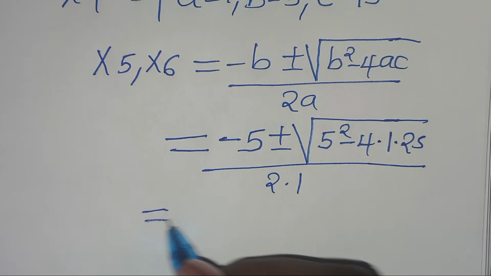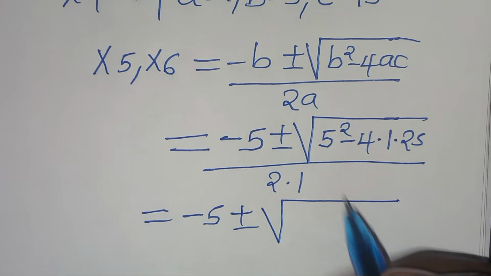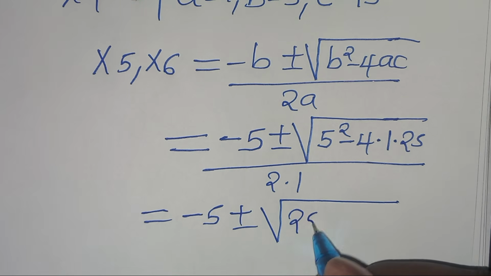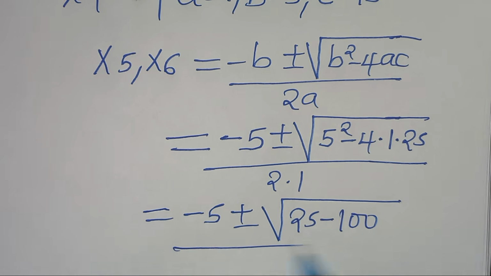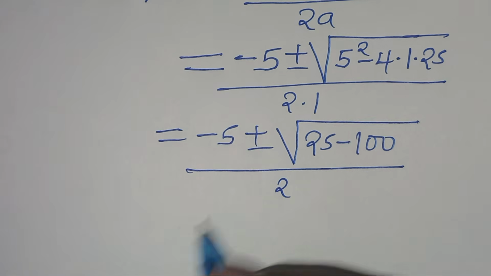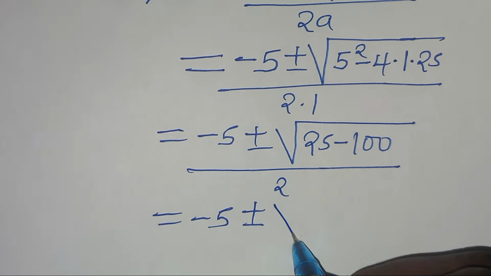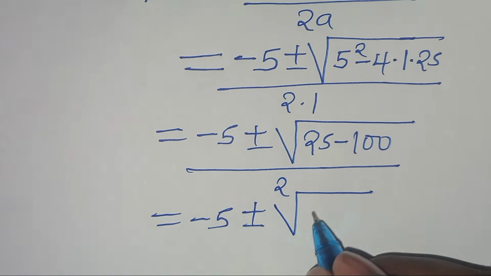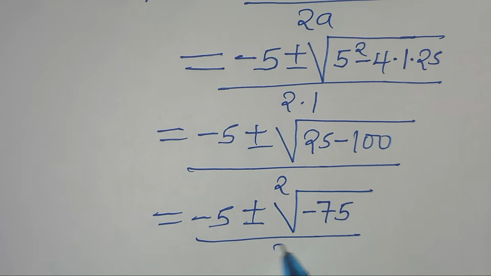So here we have minus 5 plus or minus the square root of 5 squared, this is 25, minus 4 times 25, this is 100, divided by 2. So we have minus 5 plus or minus the square root of 25 minus 100, this is minus 75, divided by 2.